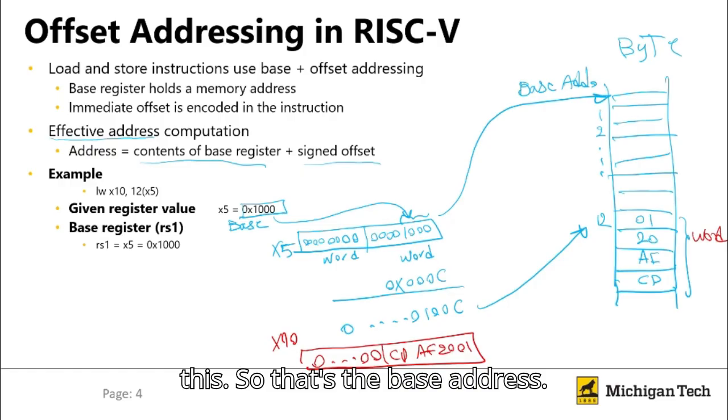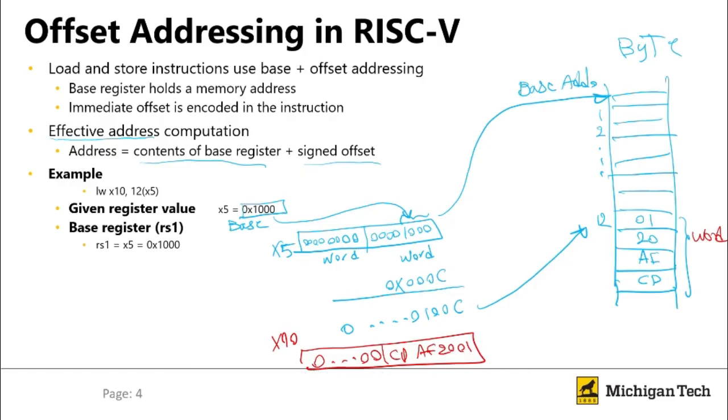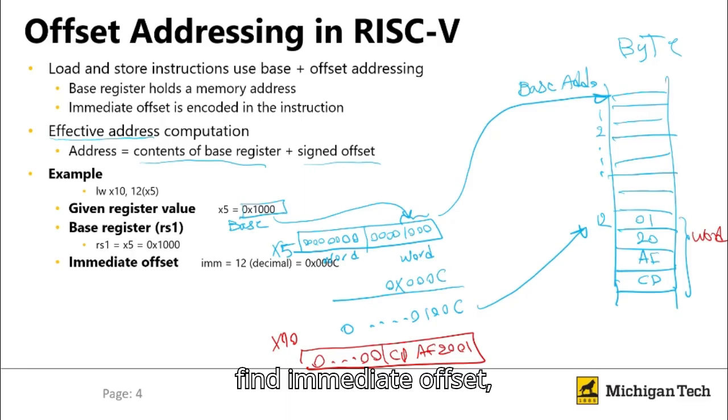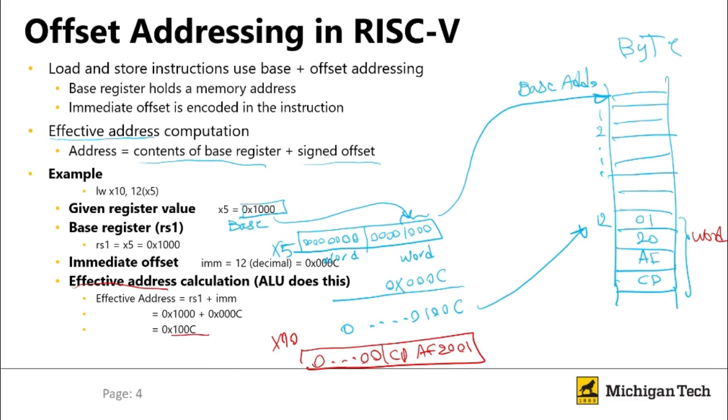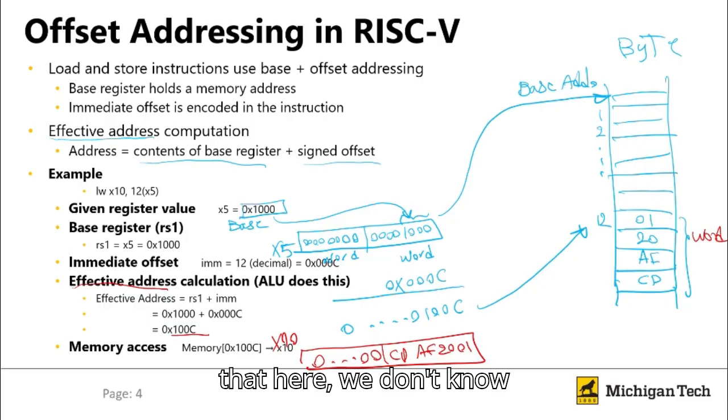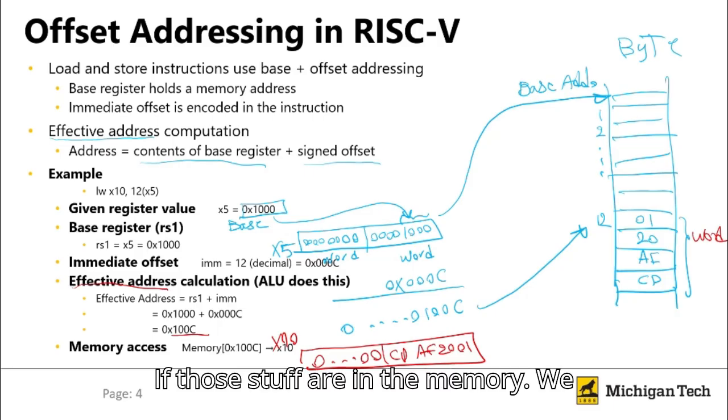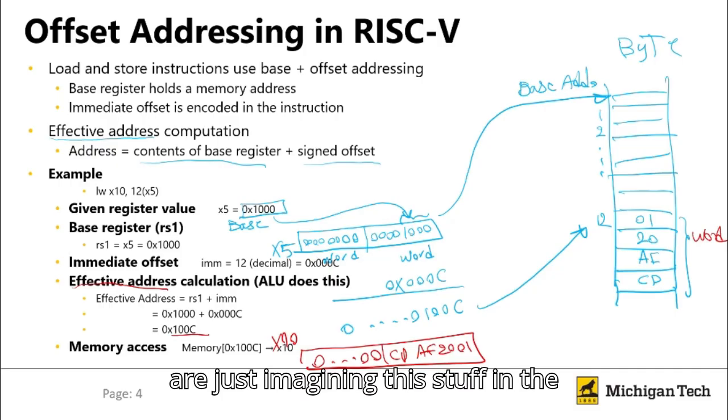That's the base address, and we find the immediate offset, that is C, and then we find the effective address when we add them together. When we read that here, we don't know what is there, but imagine that information is there. So we put the memory value inside, sign-extended. We are just imagining this stuff in the memory.